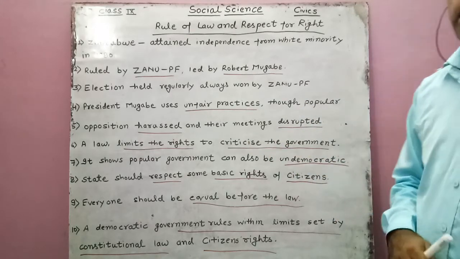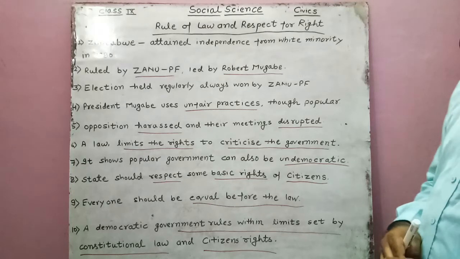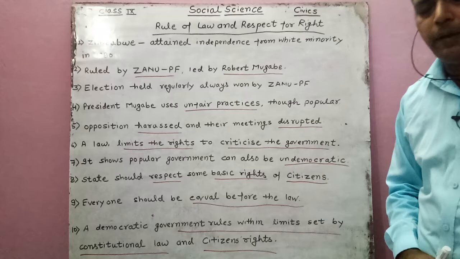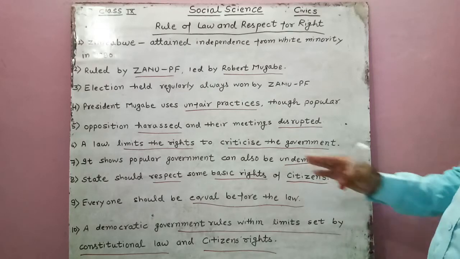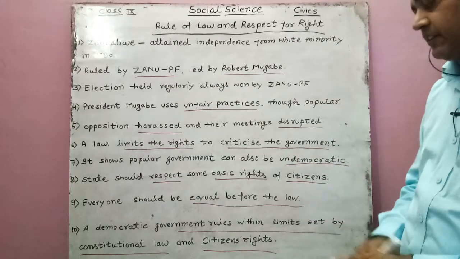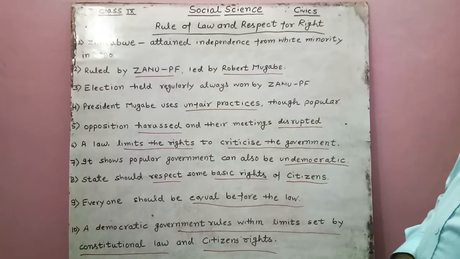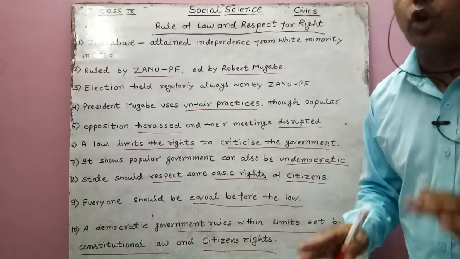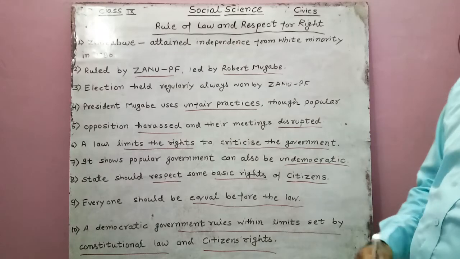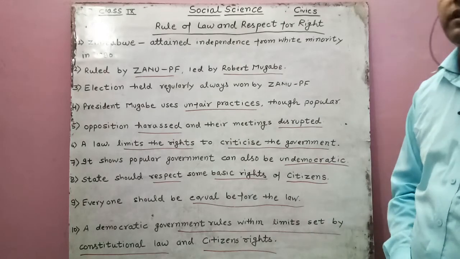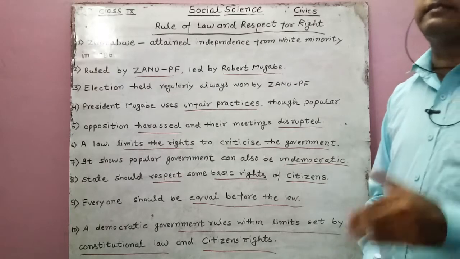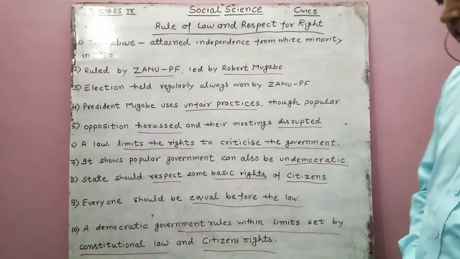It means the ZANU PF led by Robert Mugabe tried to ban people's right to criticize, so people had no right to criticize the government. This is undemocratic, because in a democratic country, people have a right to criticize the government and its policy.